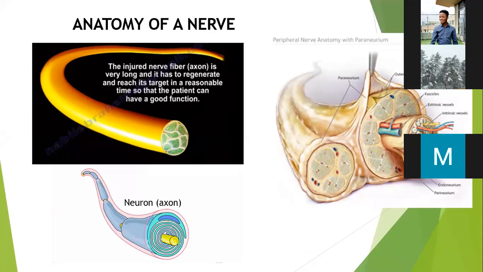Then we have the paraneurium, which is the one that is lifted with the tweezers. So the tweezers is lifting off the paraneurium, but surrounding this big bundle is the epineurium, and then each of these bundles is surrounded by the perineurium. Thank you. Okay.